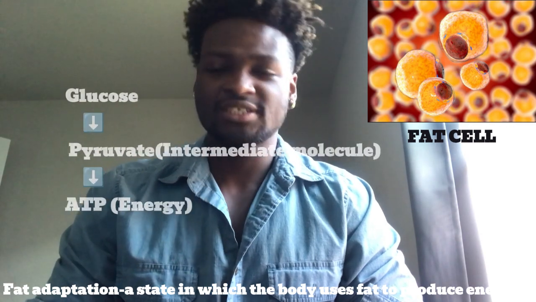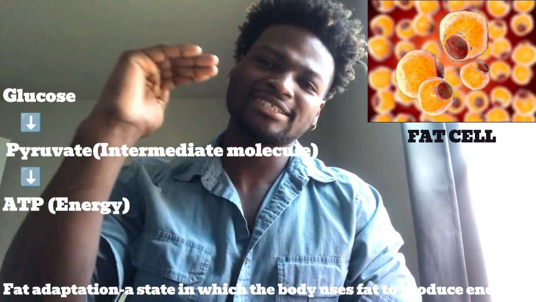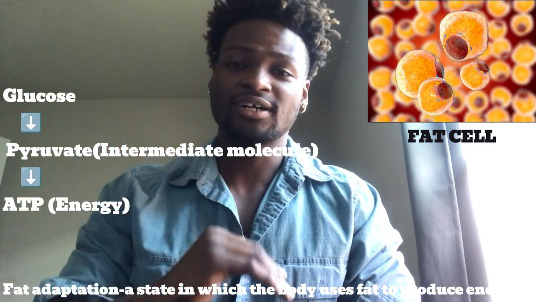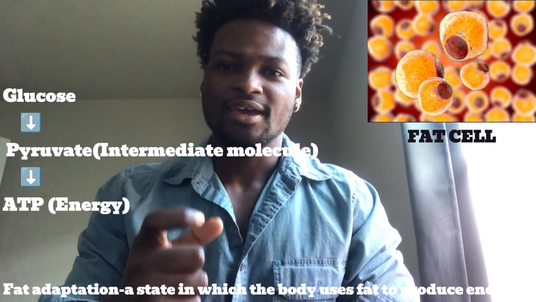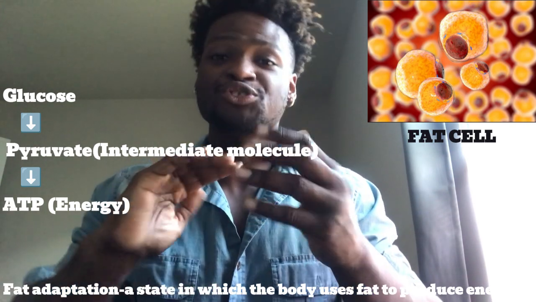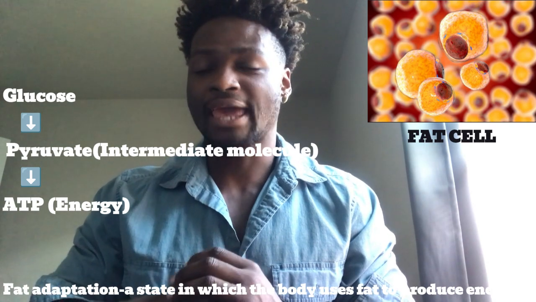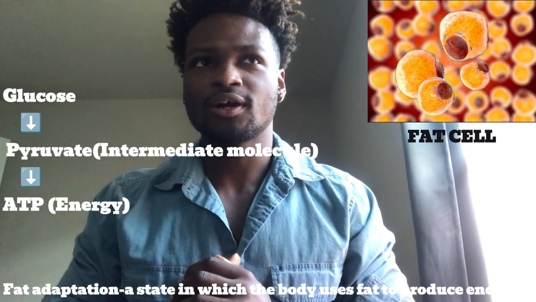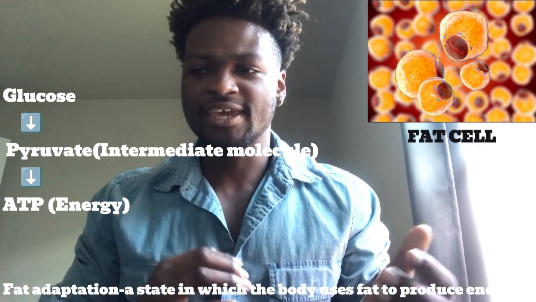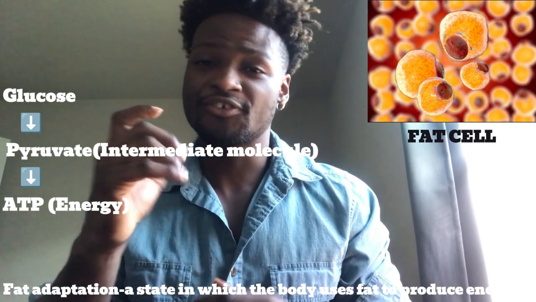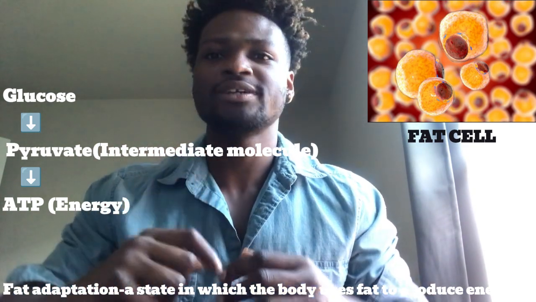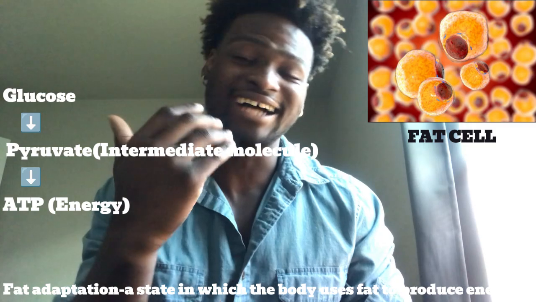So glucose enters the cell, breaks down glucose into pyruvate, and pyruvate is an intermediate molecule that can either produce ATP energy or lactic acid. The fate of this intermediate molecule is dependent on whether or not oxygen is present.